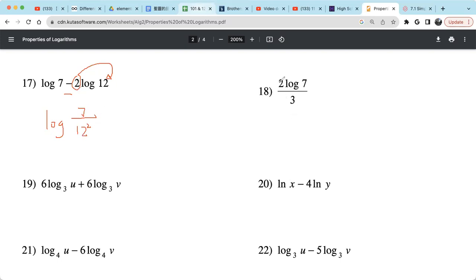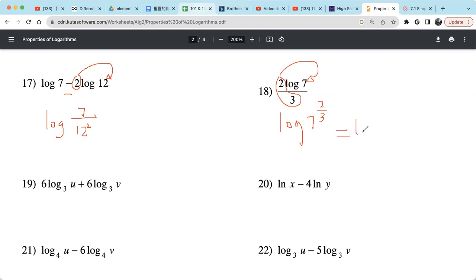Okay, let's see this one. This one, 2 over 3 is the coefficient of log 7 and comes from the exponent of 7. So 7 raised to 2 over 3. Well, let's write the first step. Log 7 raised to 2 over 3, a rational exponent. We want to write it back in radical form.